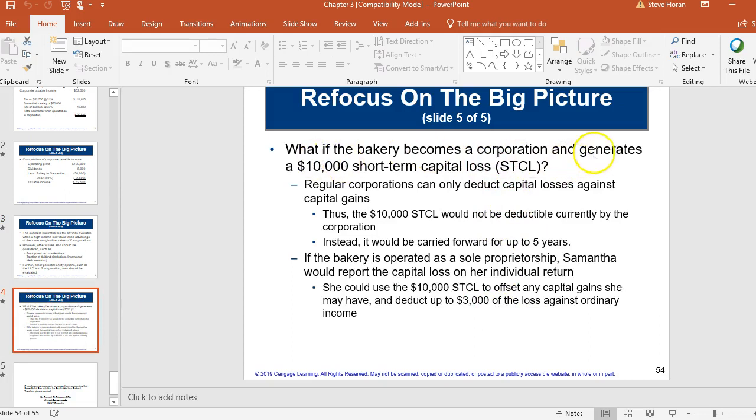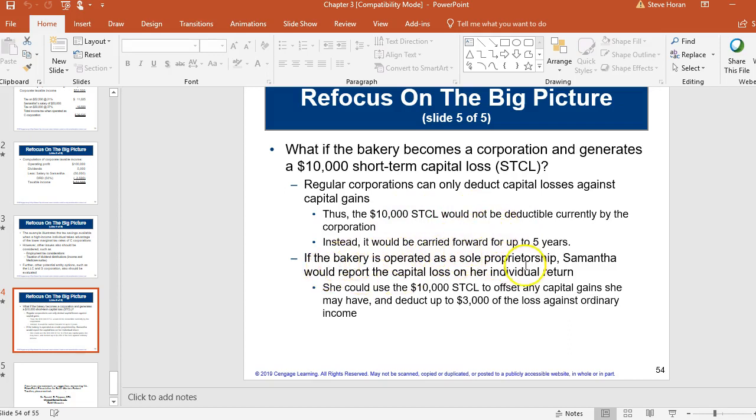What if the bakery becomes a corporation and generates a $10,000 short-term capital loss? Regular corporations can only deduct capital losses against gains. So the $10,000 short-term capital loss would not be currently deductible by the corporation. Instead, you carry it forward for up to 5 years.